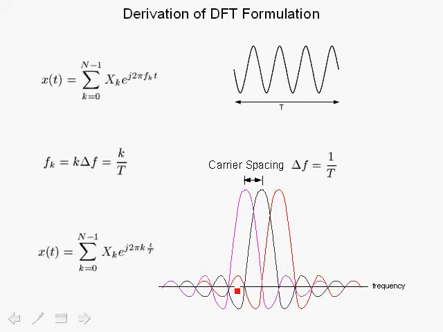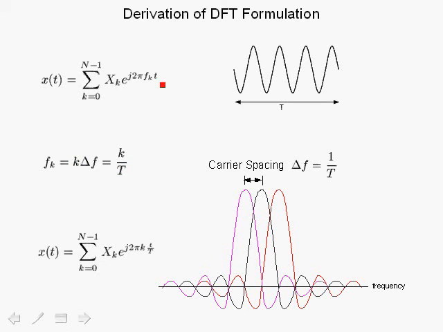We show this right over here where we see the sinc functions which represent the subchannels or subcarriers. Each subcarrier or subchannel was separated by delta f, which was the inverse of the duration T of the window time functions. Therefore we can represent f of k for the index k as equal to k times delta f, delta f being 1 over T, so we have that f of k is actually k over T.